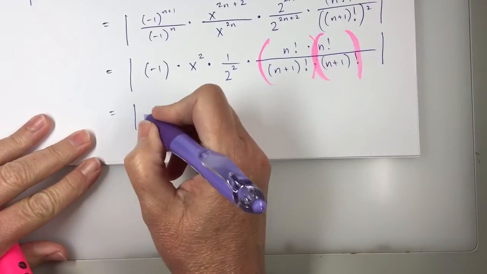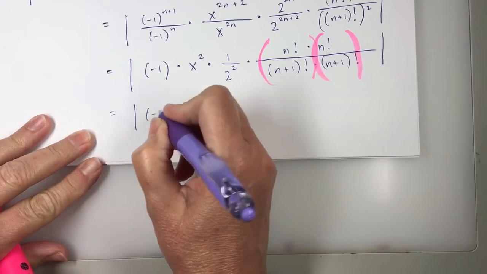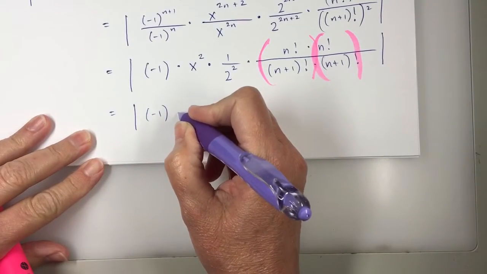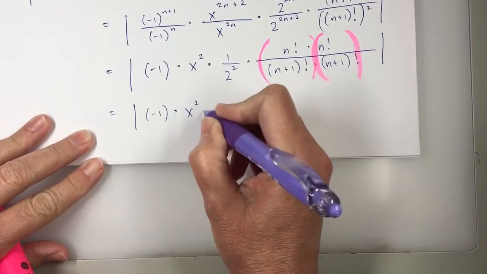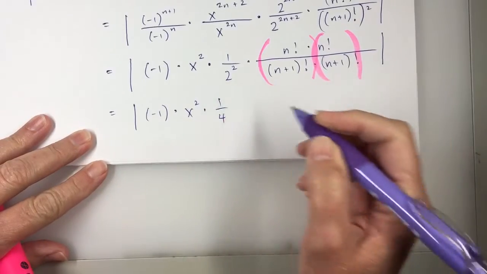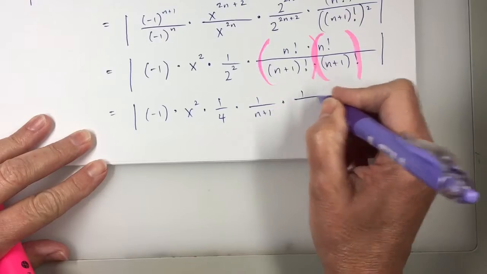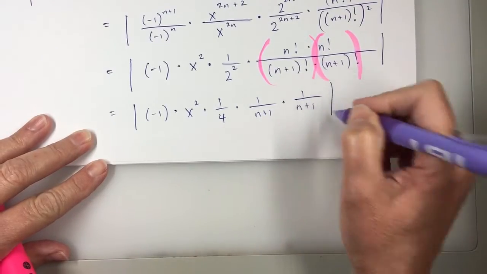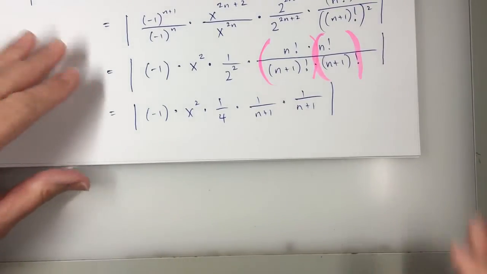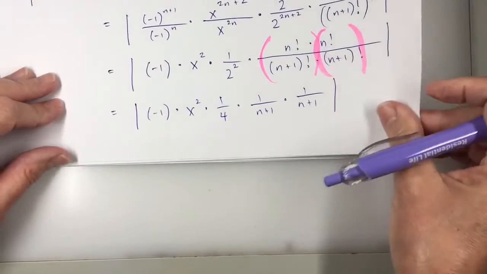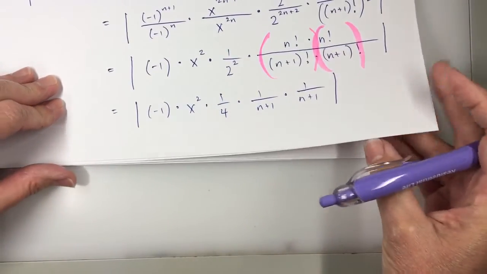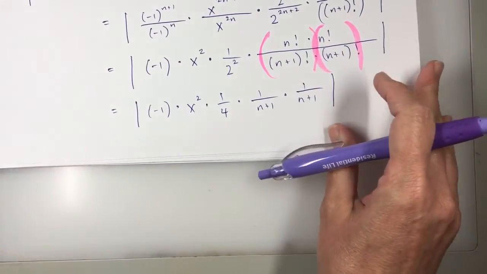So my ratio is going to end up being the absolute value of -1 times x squared, I'll just write this as 1/4, times 1 over n plus 1 times 1 over n plus 1. Now we got to do the limit as n approaches infinity.